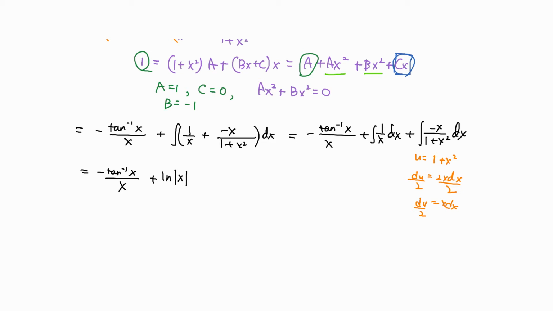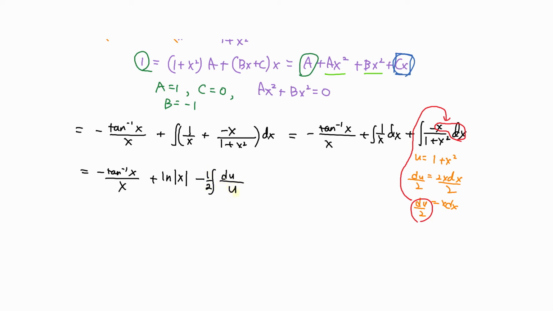That means I can simply substitute this over here, but remember that the negative is still retained. Just to prevent a mistake, I'm gonna have a minus in front, and then the integral of du over 2, but I know that 1/2 can be pulled out, so I will write it in front of the integral.